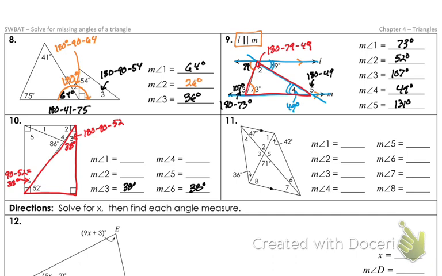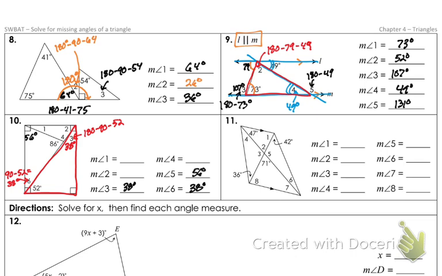Uh, 56? Did anyone else get 56 on that one? Okay. So now we have 56 degrees. Remember, he did 180 minus the 86 minus the 38, which gave him 56 degrees. Which number did I just cover up? 5? All right, so that's 56 degrees.